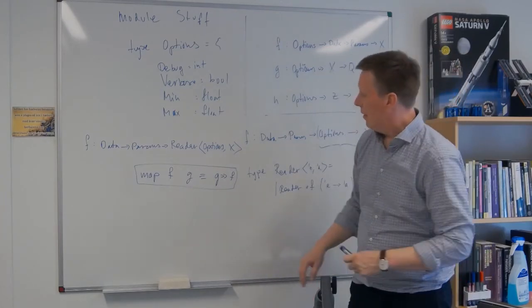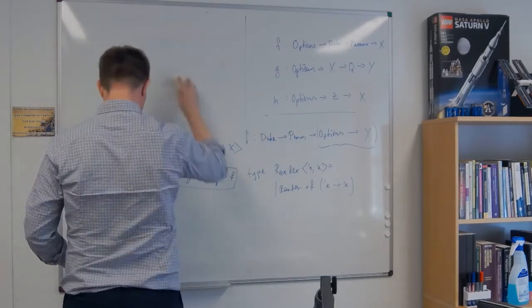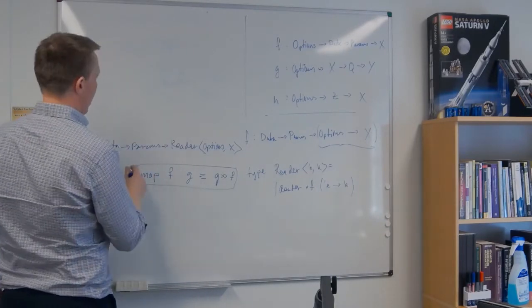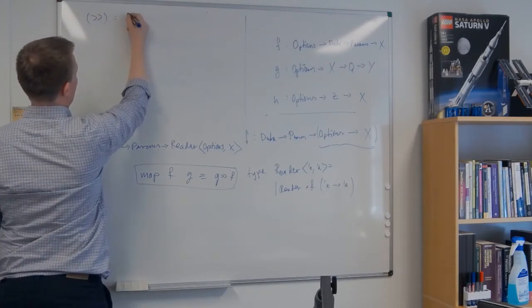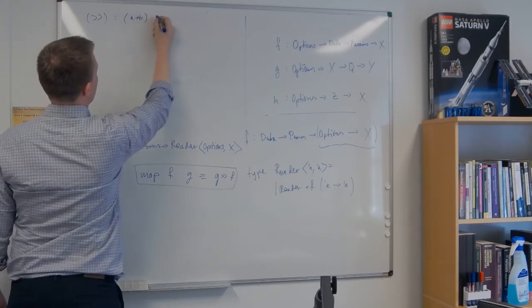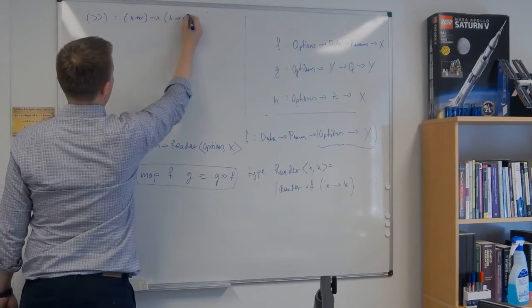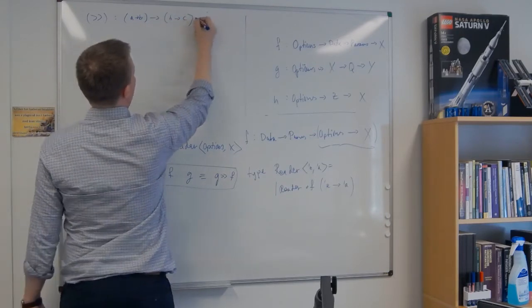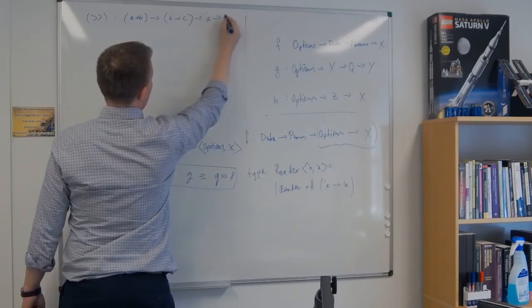So to recap what that was about, normal function composition takes a function a to b, and it takes a b to c, and it takes an a and produces a c.